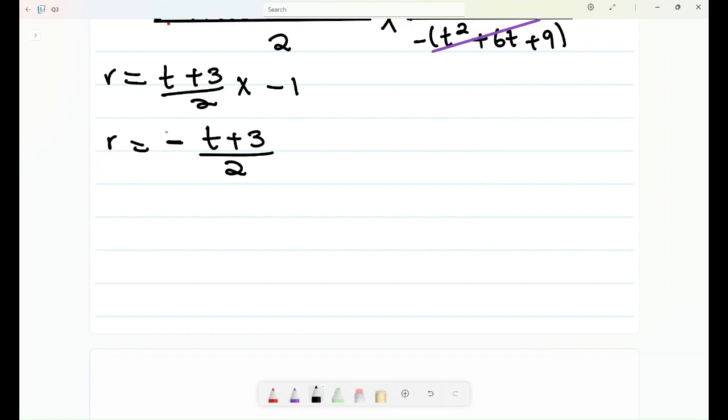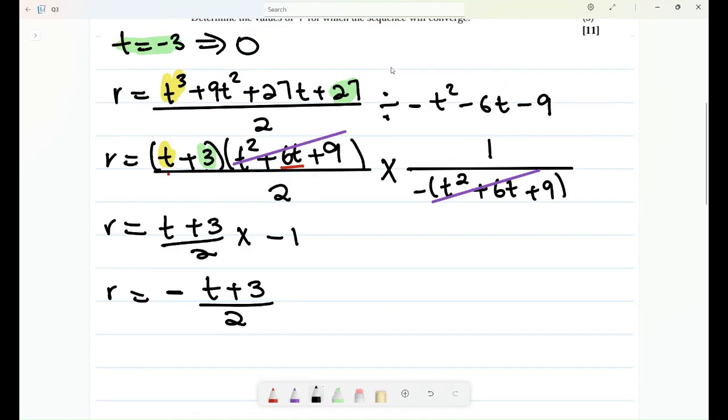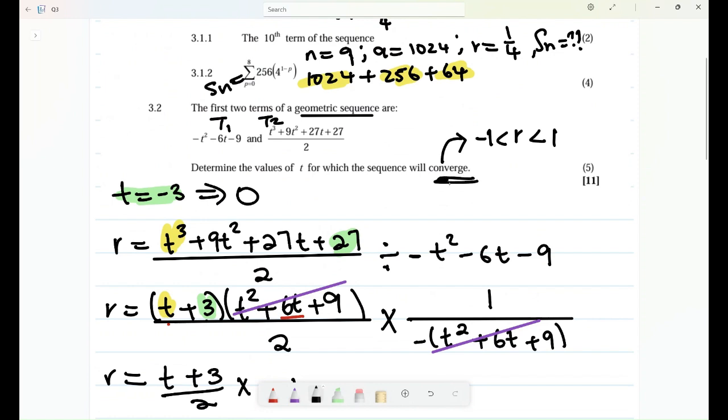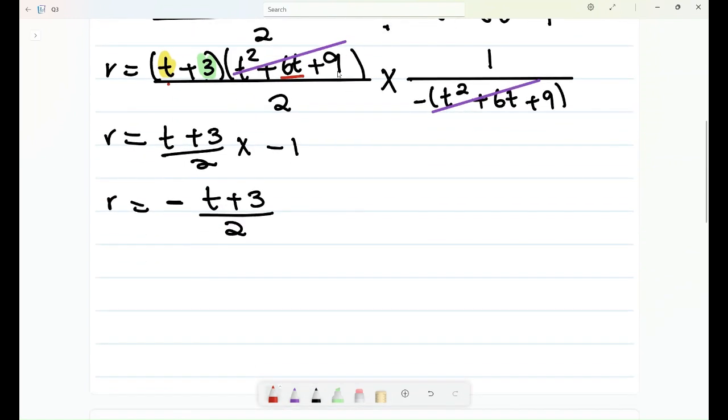But now I know for this series to converge, I need this condition, right? So if I need that condition, I'm gonna say r should be between -1 and 1. So I just substitute what is r.